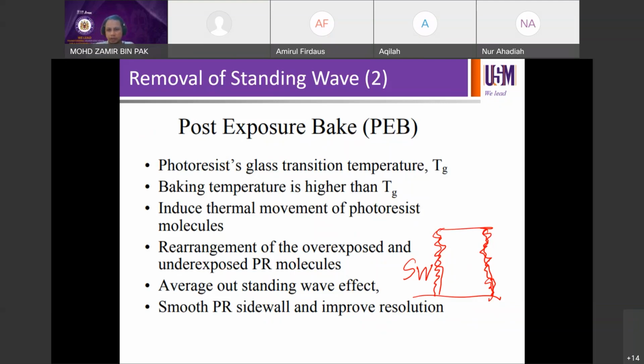Photoresist has a glass transition temperature, Tg. Baking temperature needs to be higher than Tg in order to induce thermal movement of photoresist molecules. When you have ridges here, it's rough, right? It's actually the resist molecules that form the ridges due to the optical issue, interference, destructive and constructive interference. The moment you introduce heat to the resist after the exposure, even though the patterns are not yet developed, we haven't done D yet, only E, there's no physical pattern yet.